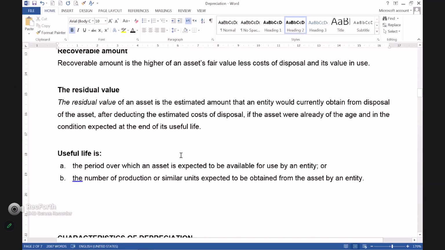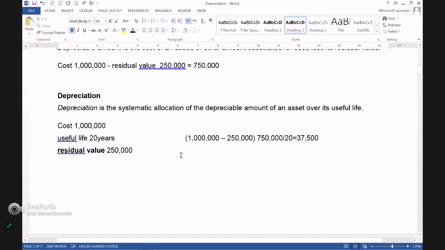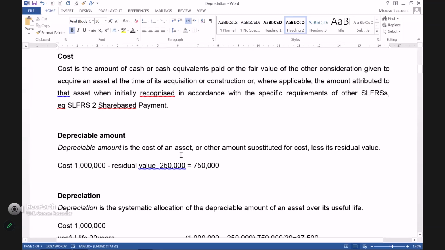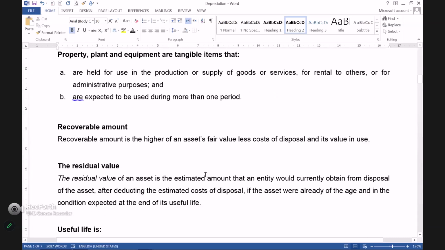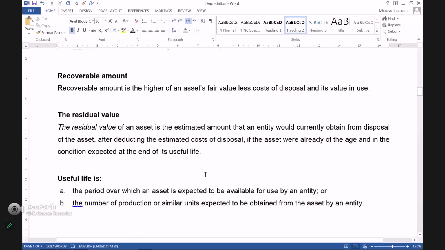What do you mean by residual value? Already we know about the residual value in the depreciable amount. When you are calculating the depreciation, you know the residual value. So the cost minus residual value. So now you can understand what residual value is. Residual value of an asset is an estimated amount that an entity would currently obtain from disposal of this asset.